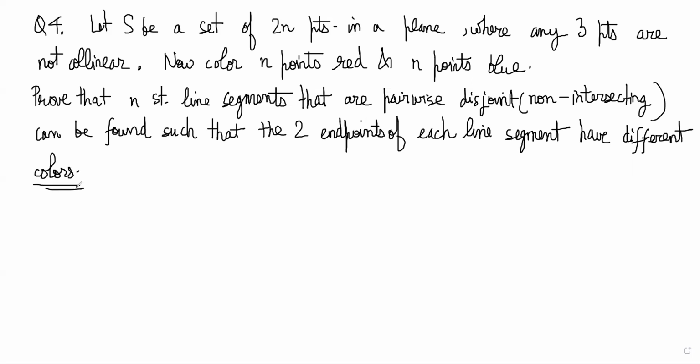We have 2n points in a plane where any 3 points are non-collinear. We color half of the points red and half blue. And we have to show that it is always possible to find n line segments using these endpoints such that they are pairwise disjoint, non-intersecting with each other, and have different colors at their endpoints. Okay.